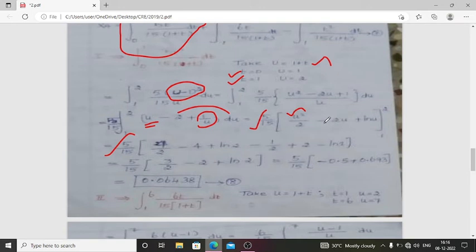Here already a minus is there. Minus the lower limit means plus 2 into 1. Already here a plus is there, so minus ln 1. Why does the sign have to be changed here? Because it is upper limit minus lower limit. This value is a minus, the second part is a plus, the third part is a minus. So here 5 by 15. Simplify this value: 4 by 2 minus 1 by 2, 3 by 2.